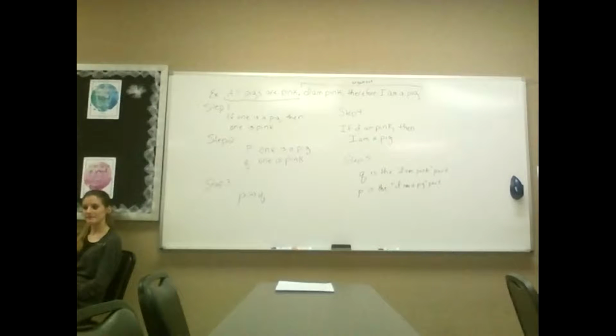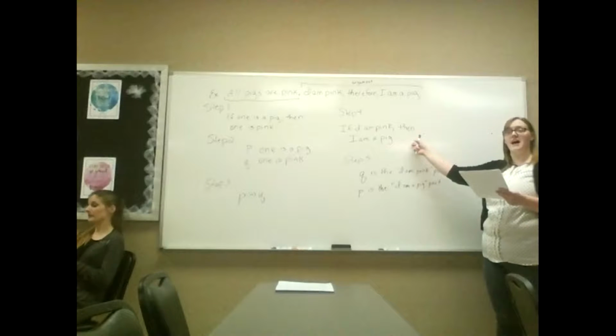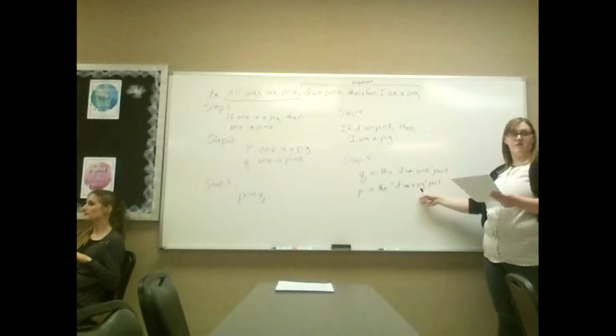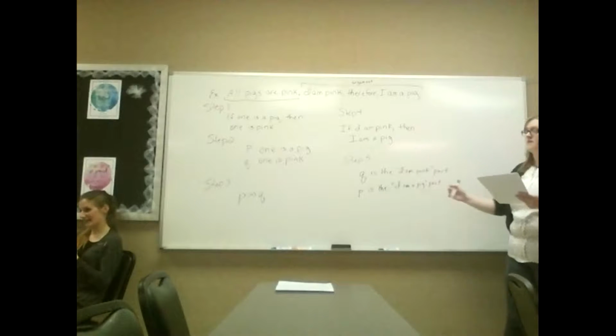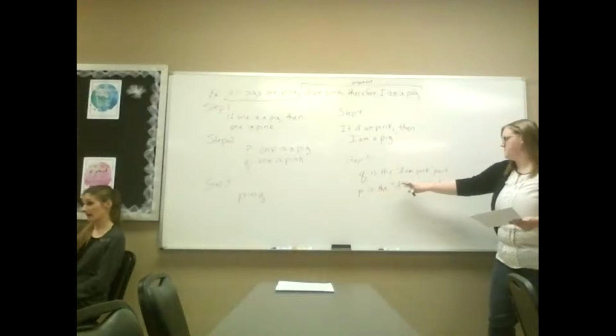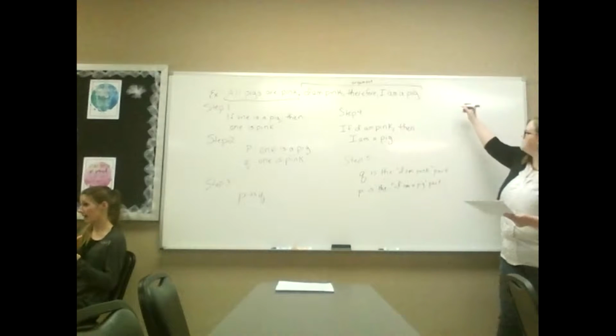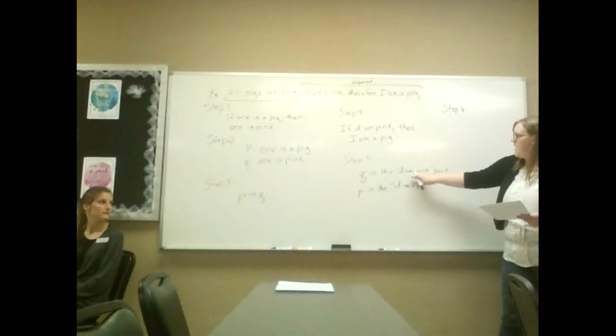All right, so now if we go on to step 6, it says write the if-then statement from step 4 using the variables decided upon in step 5. So now we're going to rewrite this using these variables we already defined. All right, so if I am pink, that is the Q part. Let me put step 6 up here. I am pink.